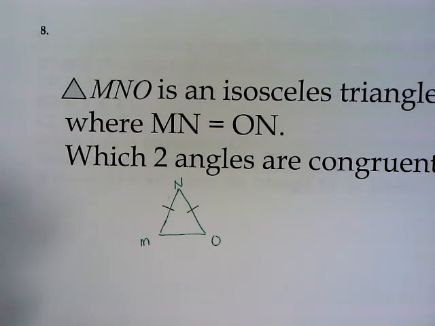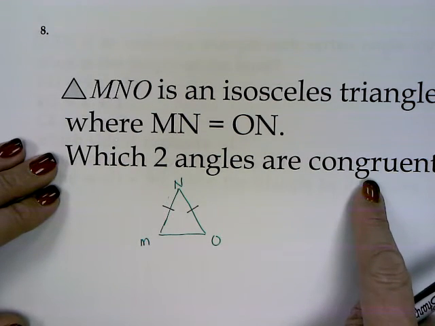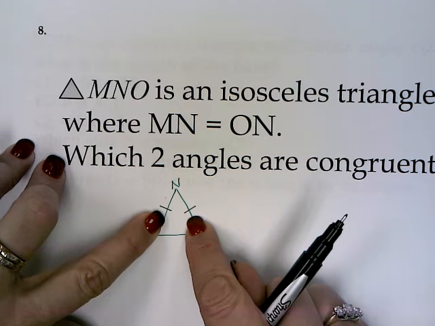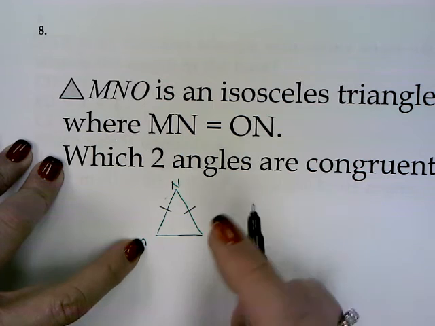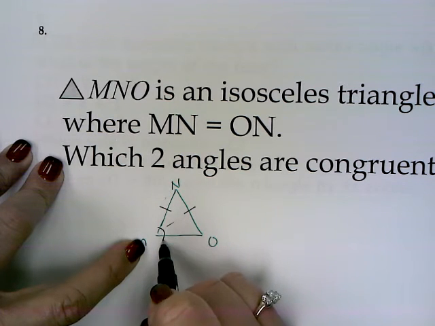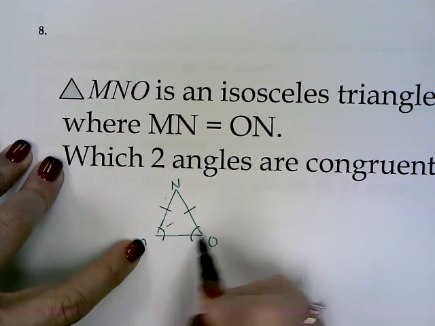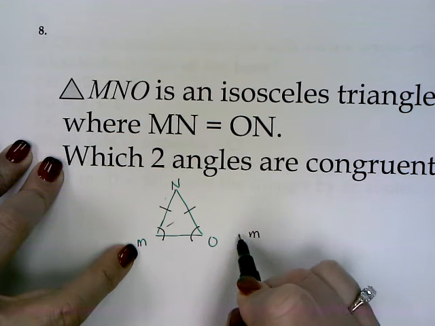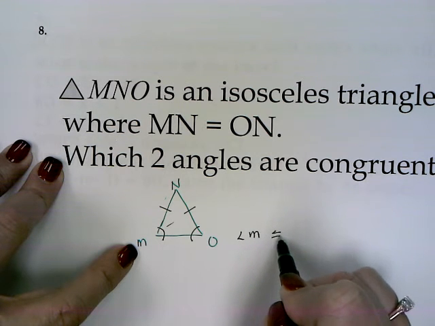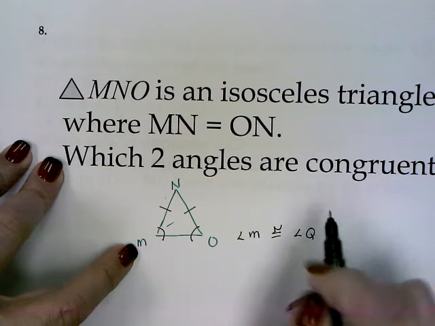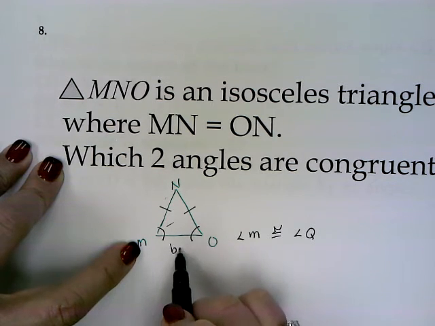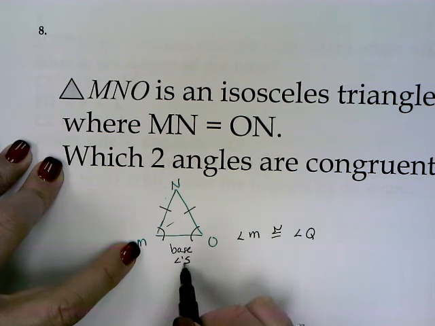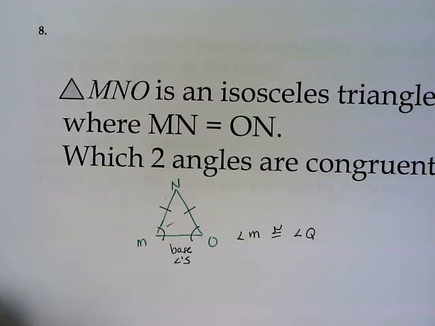So with my base angles theorem, it tells me if 2 sides of my triangle are congruent, then the angles opposite the sides are also congruent. So angle opposite the side, angle opposite the side. So angle M is congruent to angle O. These are my base angles, which makes it the base angles theorem.